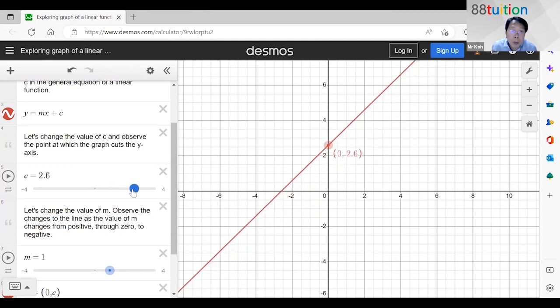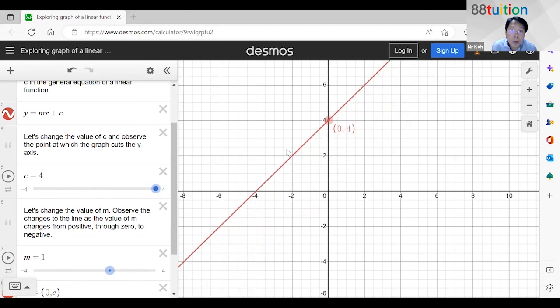Then move it to 3, and it passes through 3. And lastly, move it to 4 and it passes through 4. So that's the reason why whatever value c takes is called the y-intercept. What's the meaning of y-intercept? It means the line passes through the y-axis at that point.